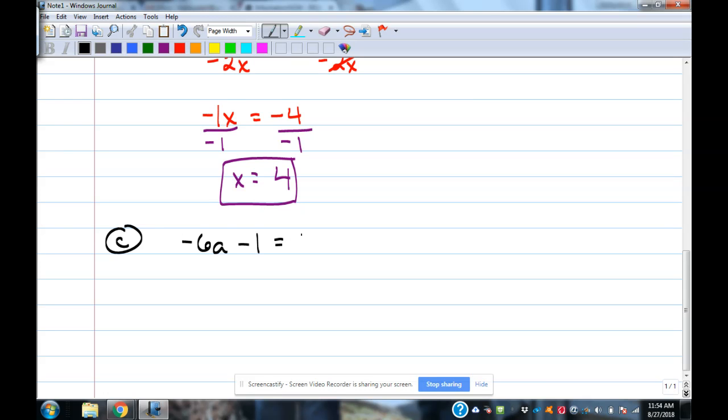Negative 6a minus 1 equals 3 minus 8a. See if you can do this one on your own. If you can get started with it. I'll give you a little bit of time, and then I'll start putting a step-by-step up there. You can check your step.